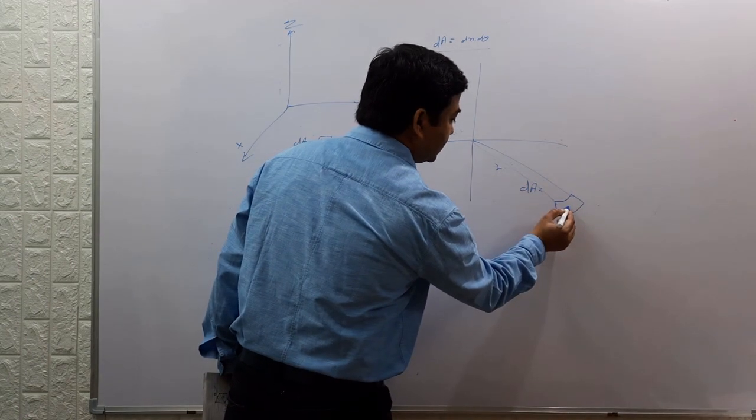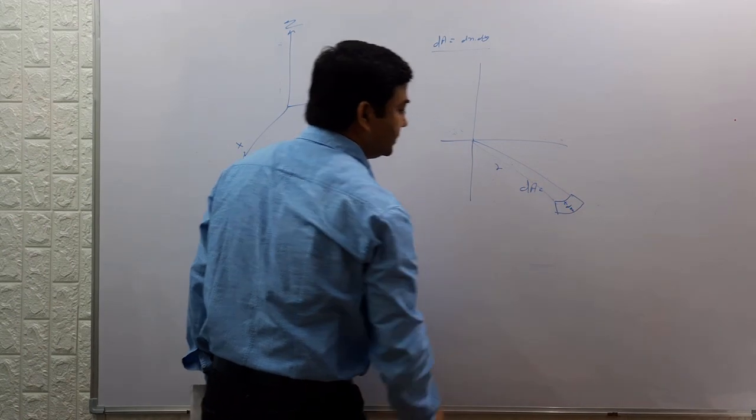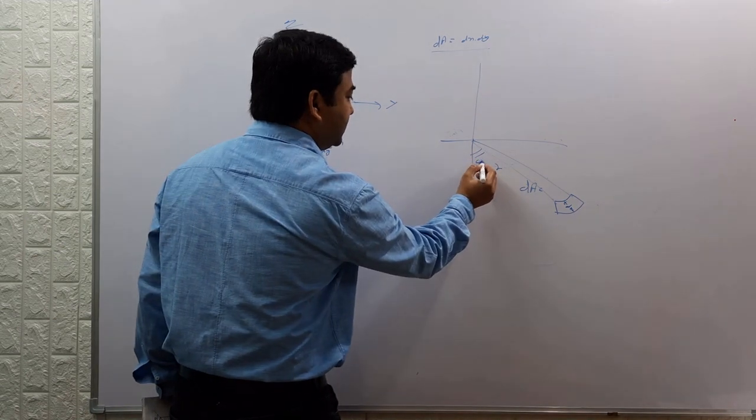Along the radius, it is dr. This angle is theta.